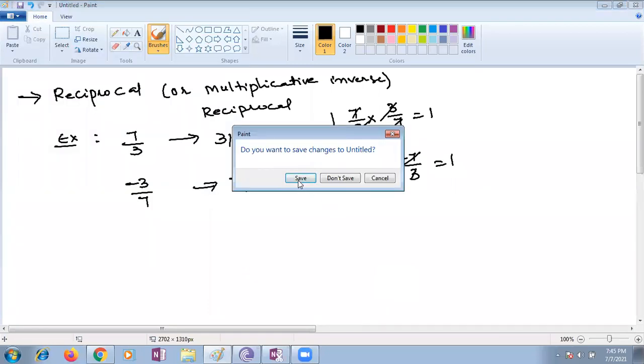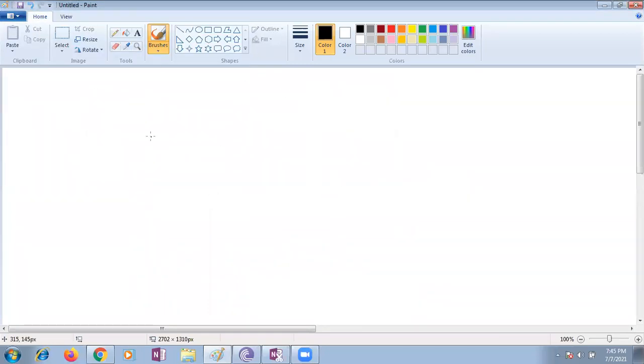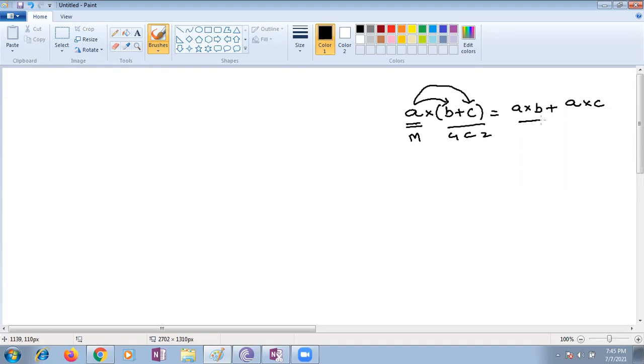The mother distributes her love and affection to both kids. The general formula I'm writing is A multiplied with (B plus C) equals A into B plus A into C. Here the mother is sharing her love with the first child, and the same way she shares with the second child.